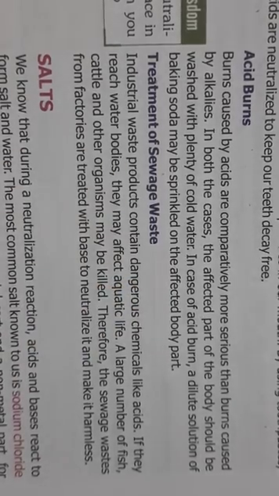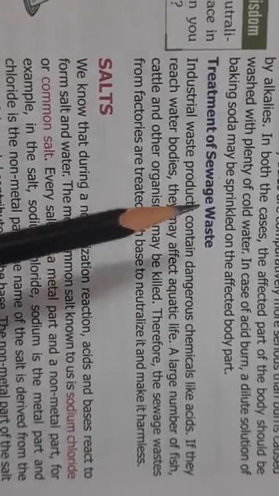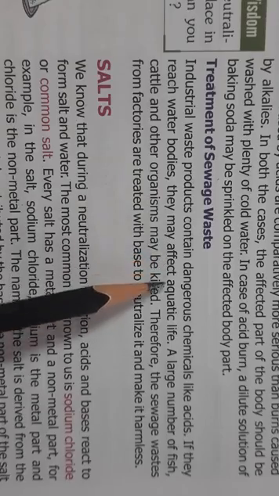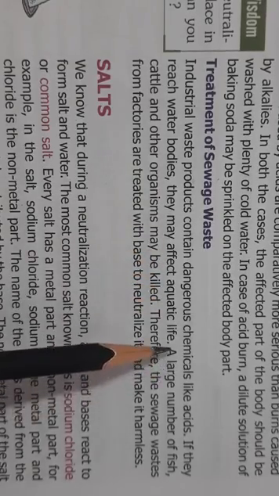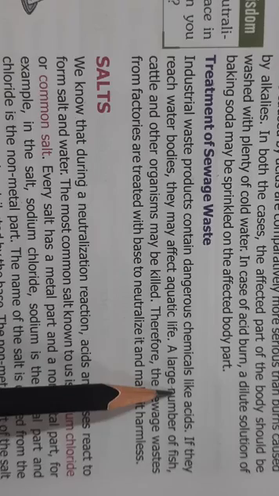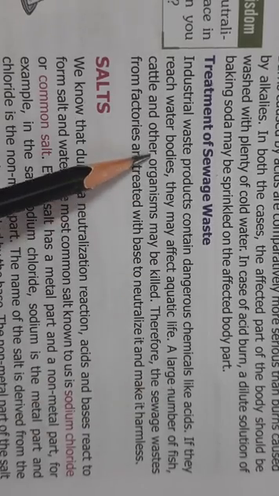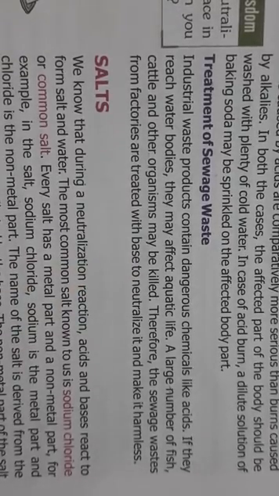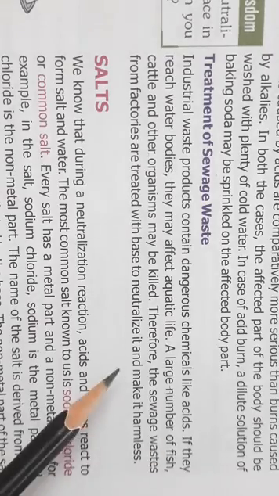Clear? Then in the same way, treatment of sewage waste. Industrial waste products contain dangerous chemicals. All the industrial pollution products contain acid. So what will happen, children? If this acid reaches water bodies, it will affect the aquatic life. That means it will kill the fishes and the organisms living in the water.